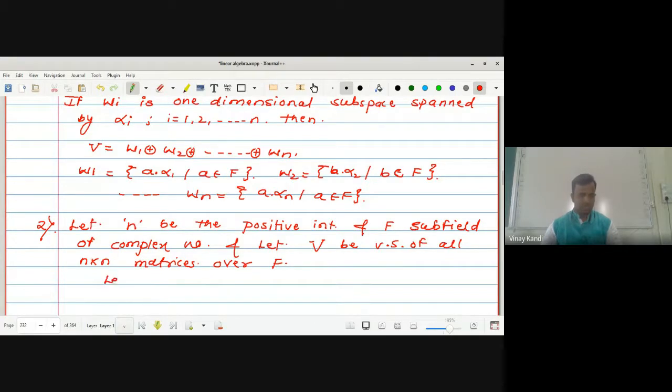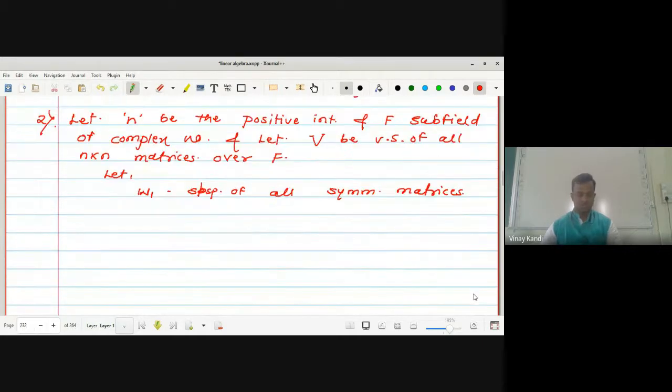Let W1 be the subspace of all symmetric matrices, that is, A equals A transpose, if A belongs to W1.